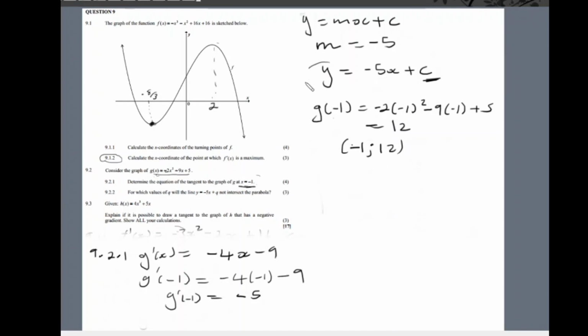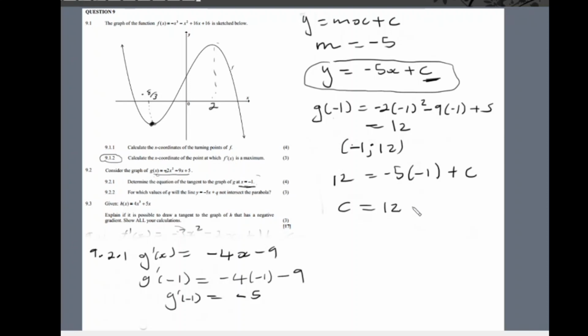Where I see y I put 12, and where I see x I put minus 1, and I can solve for c, right? So c will be 12 minus 5, which is 7. Therefore the equation of my tangent will be minus 5x plus 7, right? And then you are done with 9.2.1.